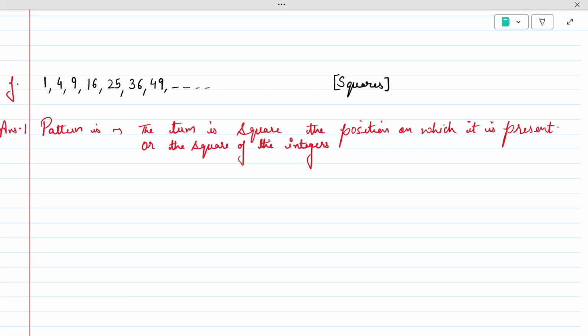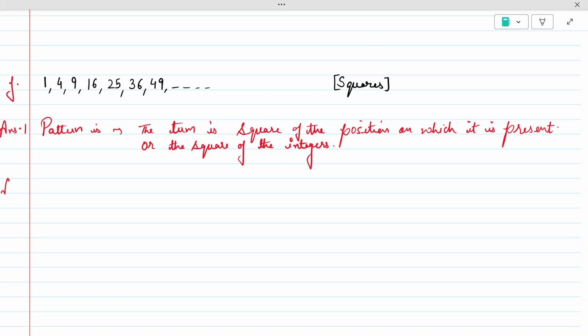The term is the square of the position on which it is present. This is present at first position, so square of 1, square of 2, square of 3, square of 4, square of 5, square of 6, square of 7, and so on. Or you can also say it is the square of the integers, as in 1, 2, 3, 4, 5, 6, 7, 8, 9. They are integers, which are also the positions here. So it is the same thing.